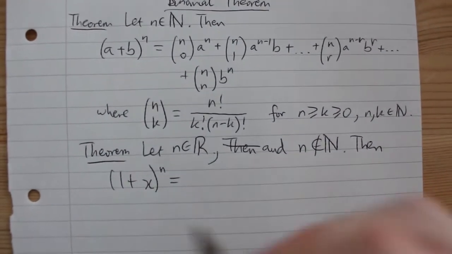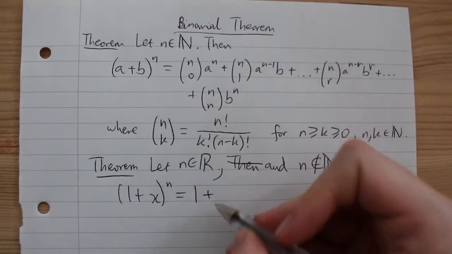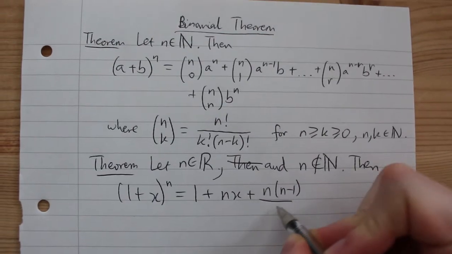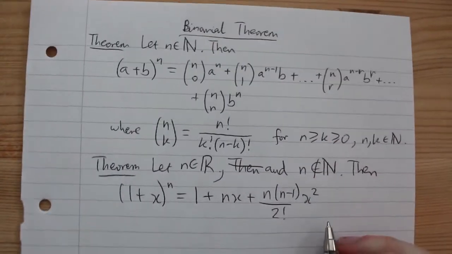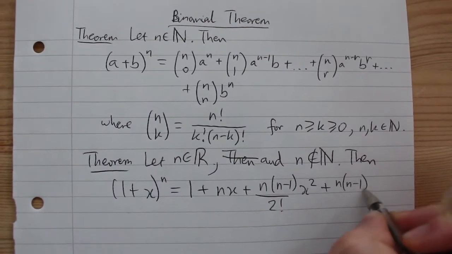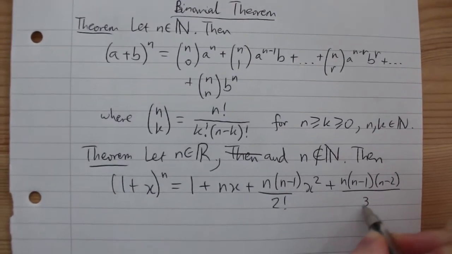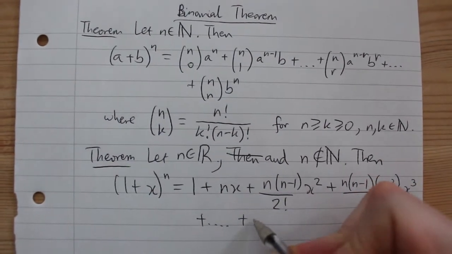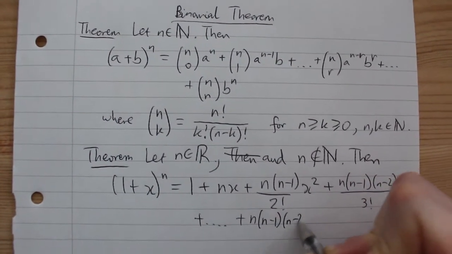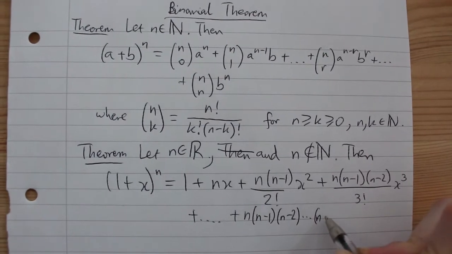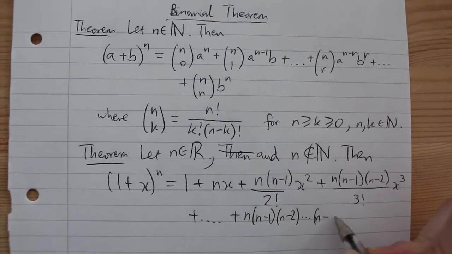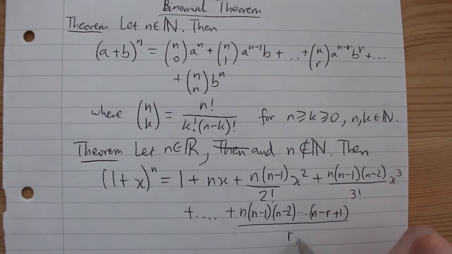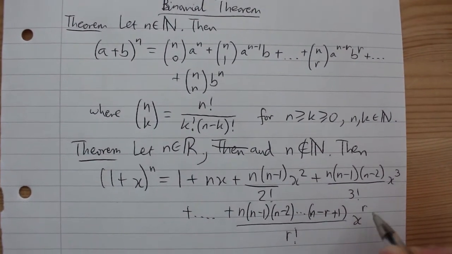Then 1 plus x to the n is given by the formula 1 plus nx plus n times n minus 1 over 2 factorial x squared plus n times n minus 1 times n minus 2 over 3 factorial x cubed plus, and the general term is n times n minus 1, all the way down to n minus r plus 1, over r factorial x to the r.